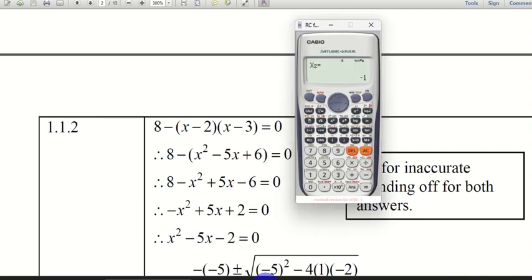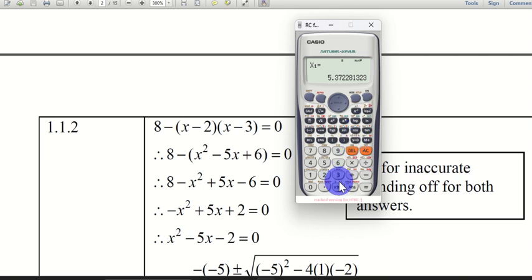What do you do now? Go to your calculator again. Type in: what is the coefficient now? Negative 1. What is the other one? 5 positive and 2. And then you get your answer like that. They want the answer correct to 2 decimal places.